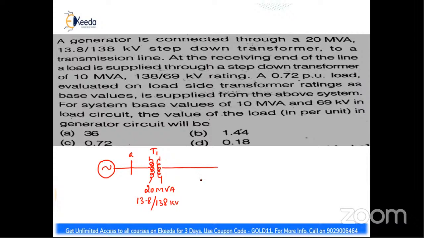This is the receiving end of the line, which is supplied through a step down transformer of 10 MVA. There is one more step down transformer at the receiving end, and we'll take it as T2, connected to the load.